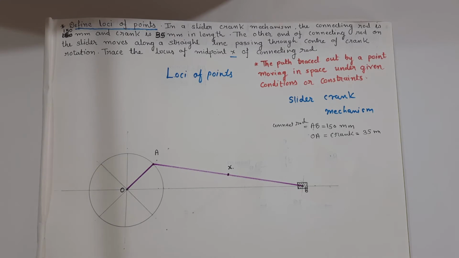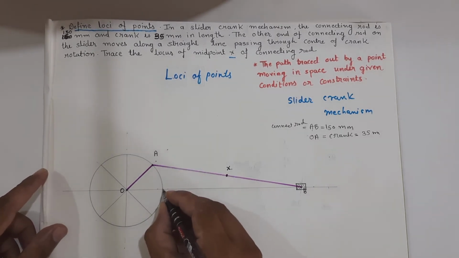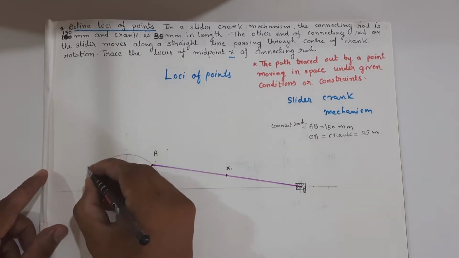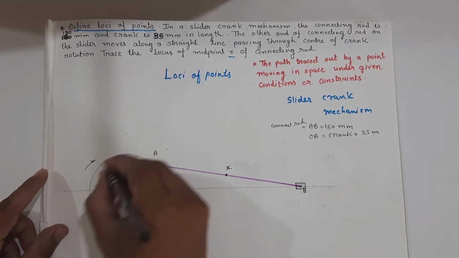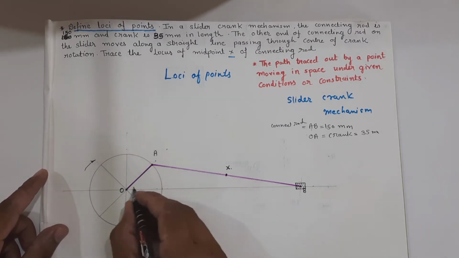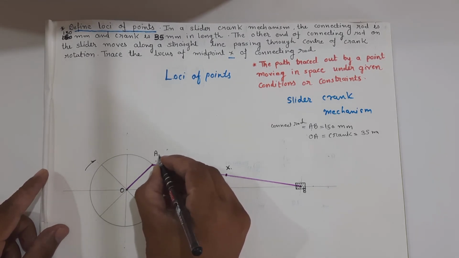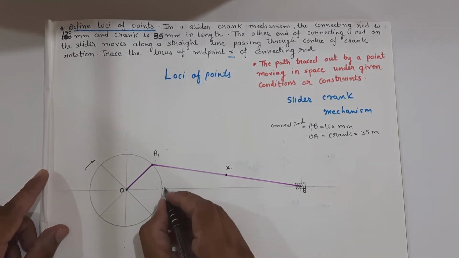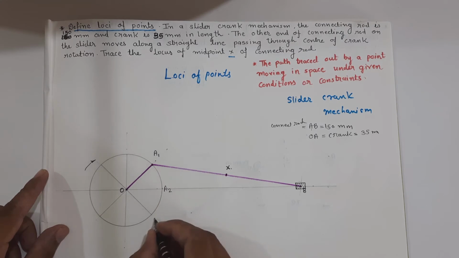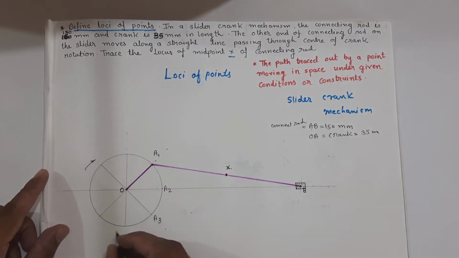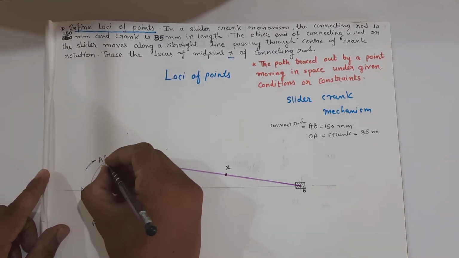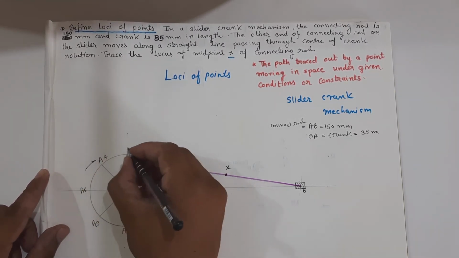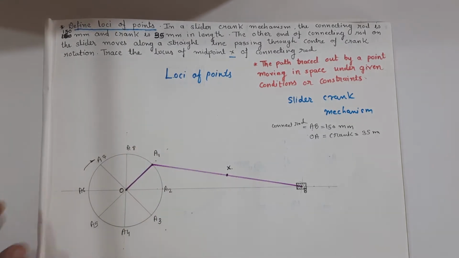Now if we want to find out the locus of X, we have to find out the locus of B. For that we have to derive the different positions of the crank. So let us discuss that. The crank is rotating in the clockwise direction. So this is the A1 position of the crank, this is the A2 position, this will be the A3 position, A4, A5, A6, A7, A8.